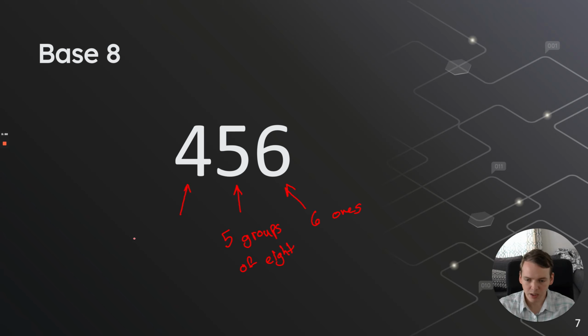And then this would be 4 groups of 64, because each of these should be 8 groups of 8, so that's why we get 64. So we have our place values, we have our 1s, our 8s, our 64s. And then if we had another group, it would be 8 times 64, which is 256, I think. No, that's not right. So whatever that is, 4,000 something or 400 something.